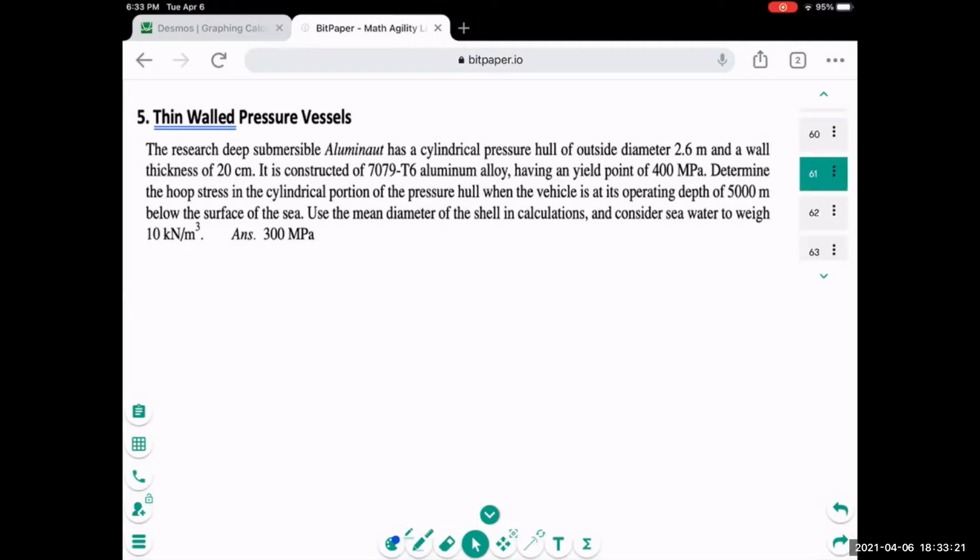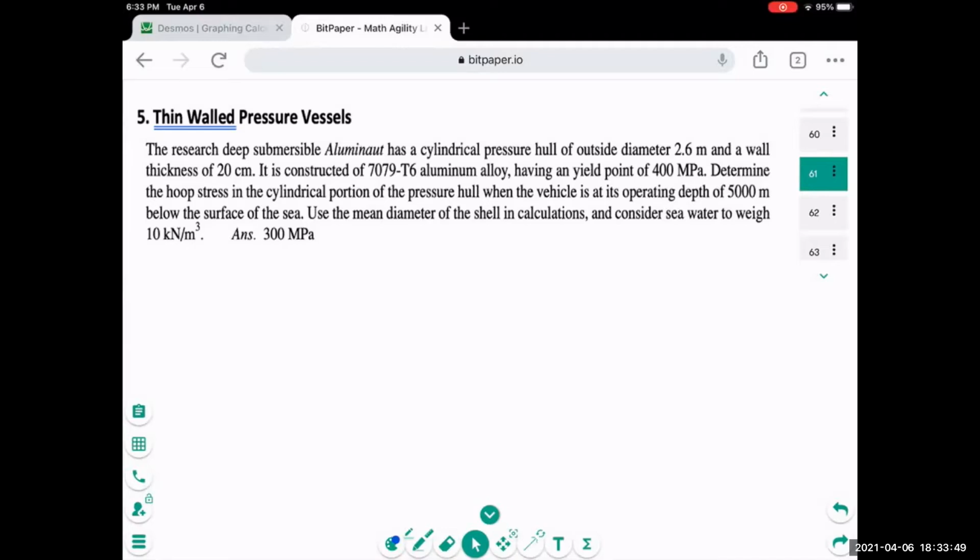Determine the hoop stress in the cylindrical portion of the pressure hull when the vehicle is at its operating depth of 5,000 meters below the surface of the sea. Use the mean diameter of the shell in calculations and consider seawater to weigh 10 kilonewton per cubic meter. So we have the answer here actually 300 megapascal, but the solution will be important in solving this problem.